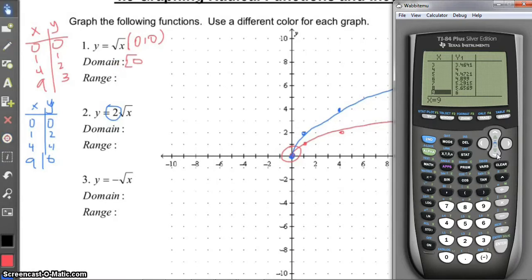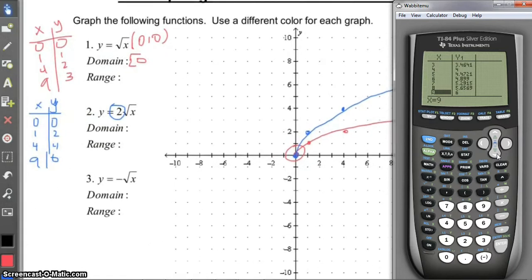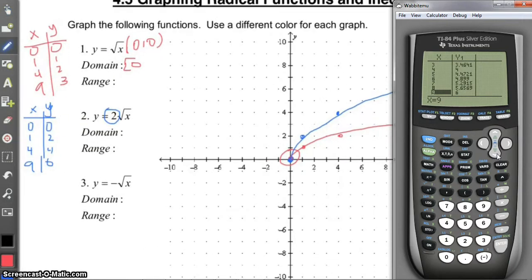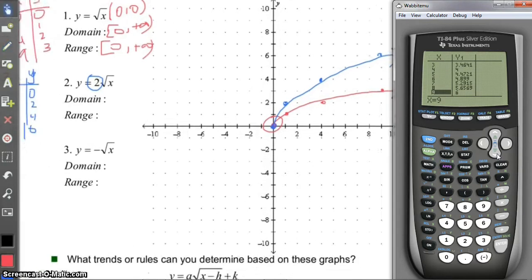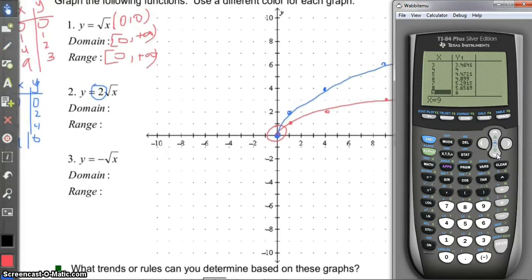And as you can see, it's a shooting star going to the right. So it's going to be going all the way to plus infinity. Now the range, if it's a shooting star, as you can see, it's going to go up. So it's going to go from the y of your endpoint, so from 0, all the way up to plus infinity. Now go ahead, pause the video, try to find the domain and range for the blue part.